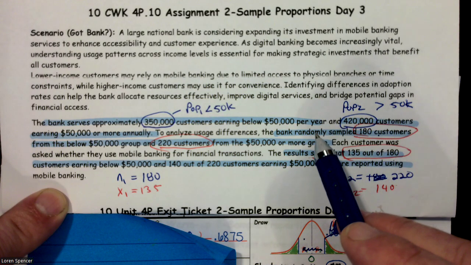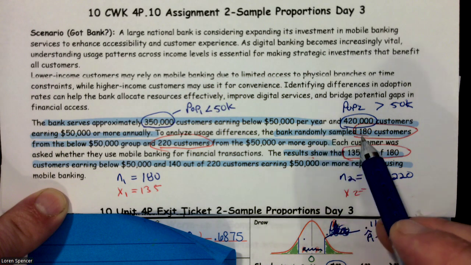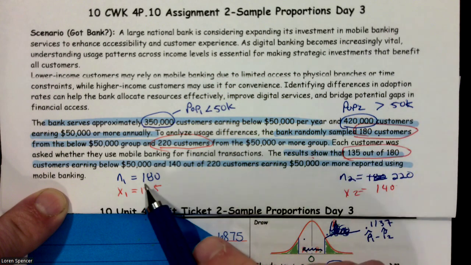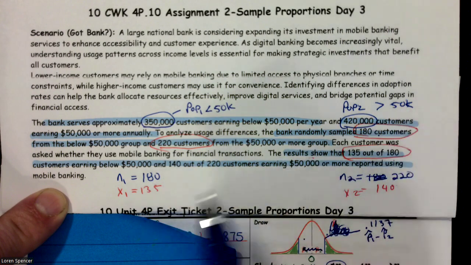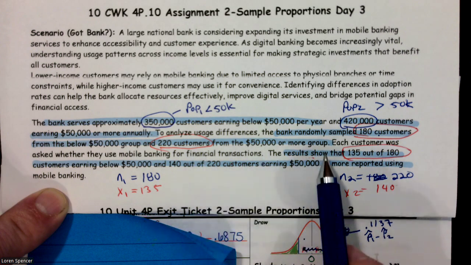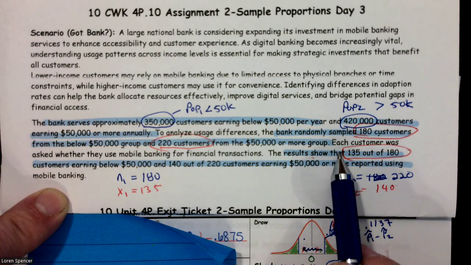To analyze usage differences, the bank randomly sampled 180 customers from the below 50,000 group. So n1 is 180, and 220 from the 50,000 or more group.